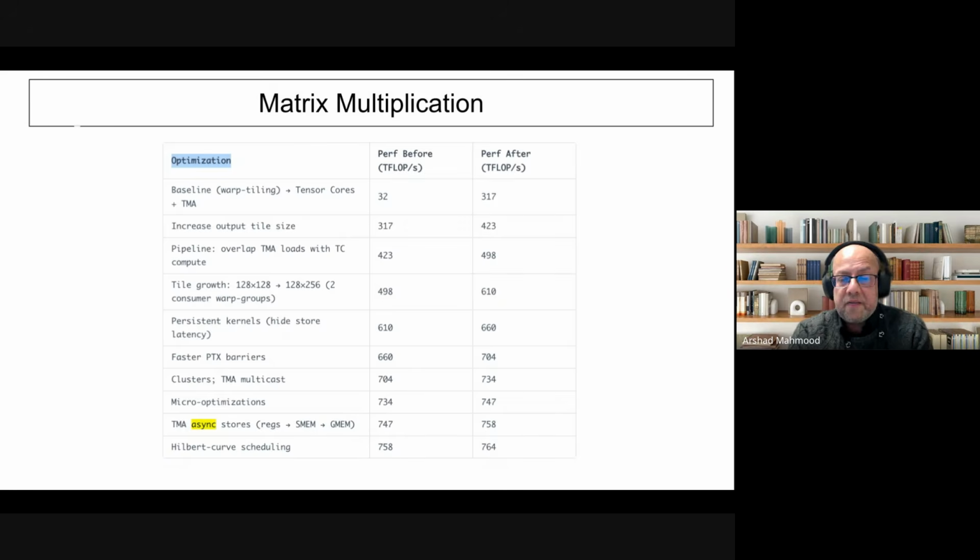I haven't covered the Hilbert curve because I hadn't really seen it used in the wild that much. But you're almost at 80% of the GPU performance there, so it's pretty good going from 3% up to that. As I said, the main important ones are the persistent kernels and the original Tensor Core TMA, and at least the TMA one is reasonably easy to implement. So that's definitely worth trying.